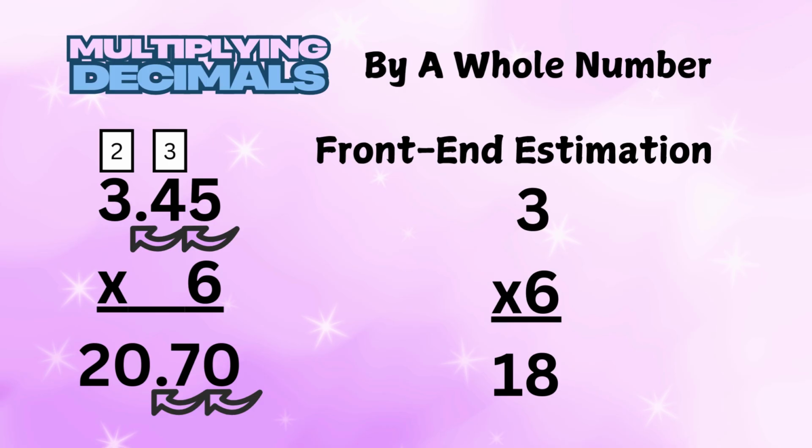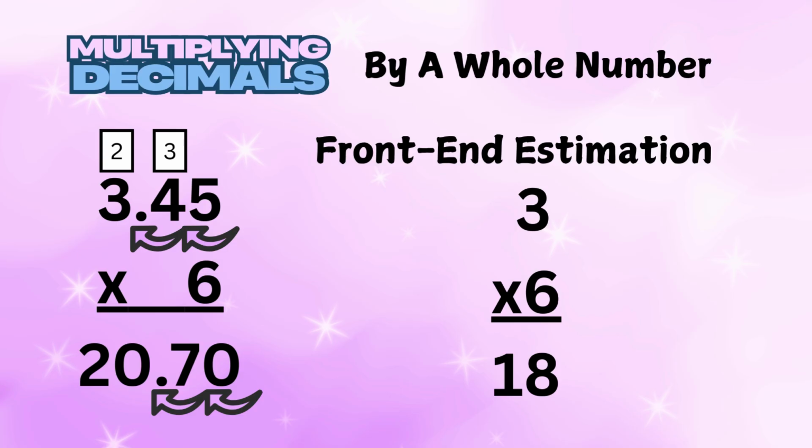Then I need to add in the 3 that I regrouped. 24 plus 3 equals 27. That means I would put the 7 down in my answer and regroup the 2. 6 times 3 is 18. I need to remember to add in the 2 that I regrouped. 18 plus 2 equals 20.